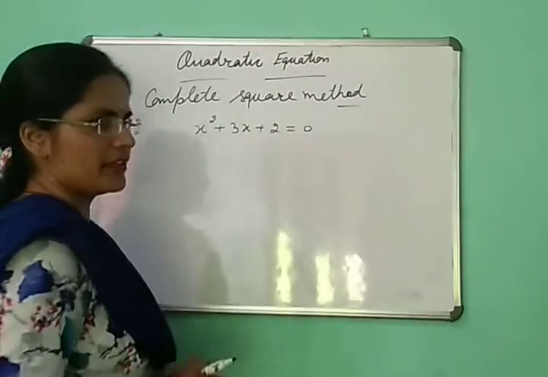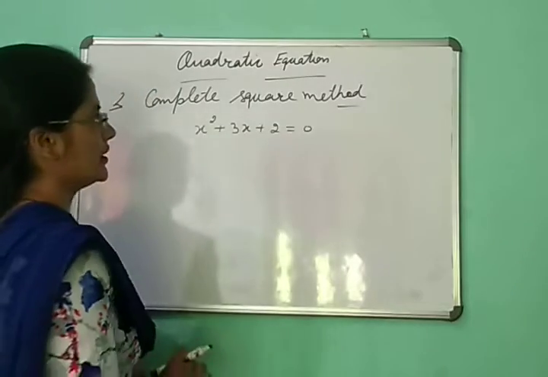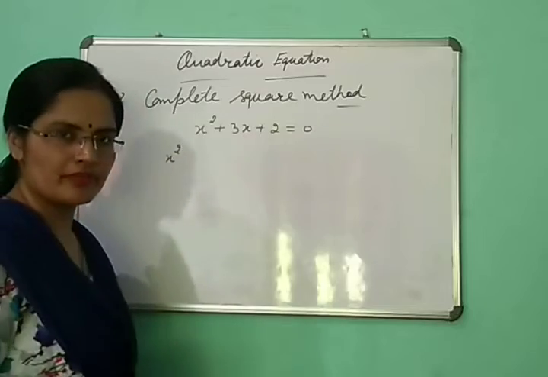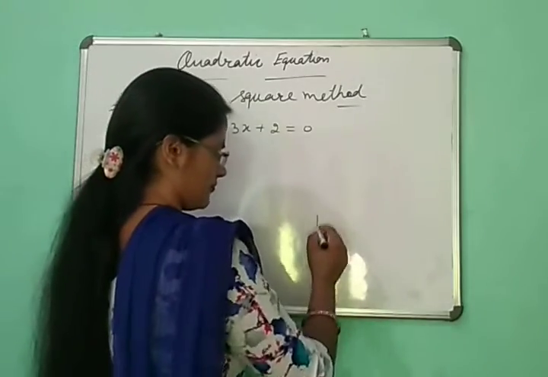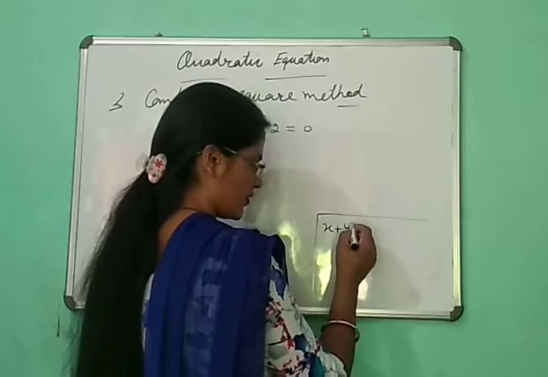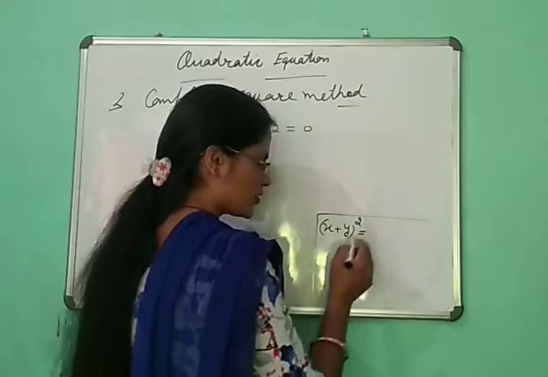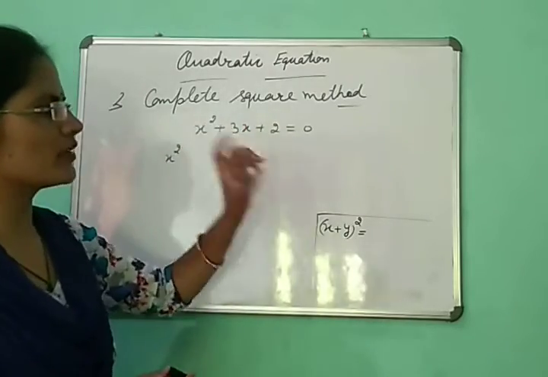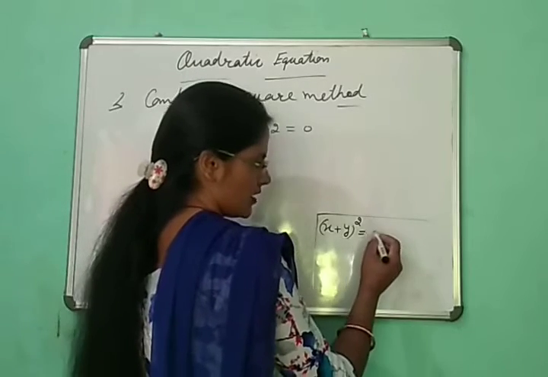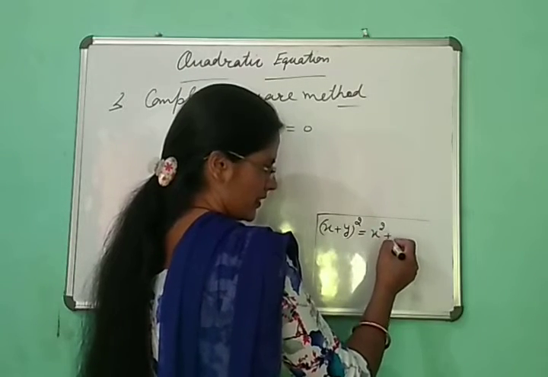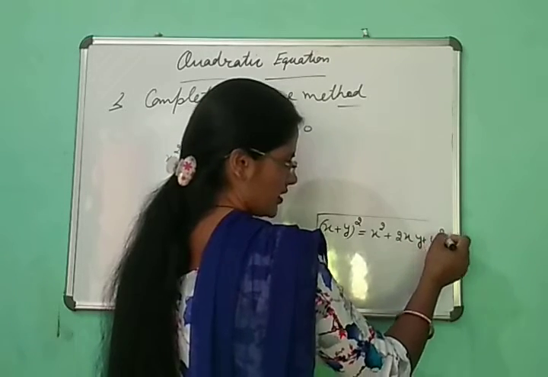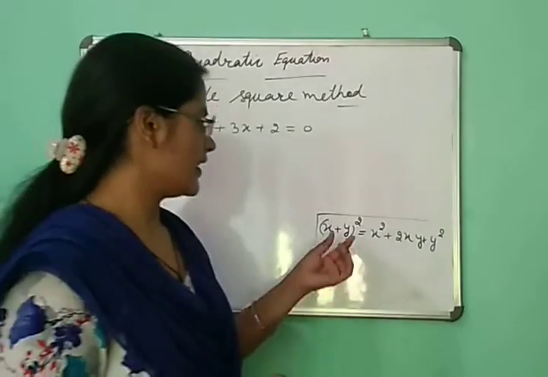So in the complete square method, simply write the first term x square. Firstly we must have knowledge about the formula for x plus y whole square, because we are talking about complete squares. x plus y whole square is equal to x square plus 2xy plus y square.